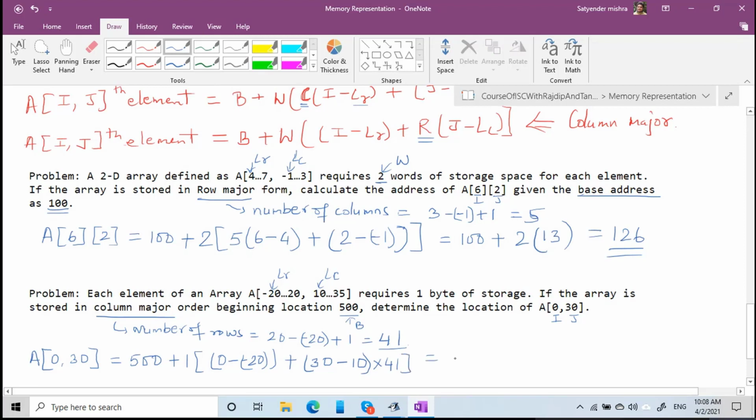So we get 500 plus 20 plus 20 into 41. 20 into 41 is 820, plus 20, 840. So 840 and it will be 1340. So the answer is 1340.